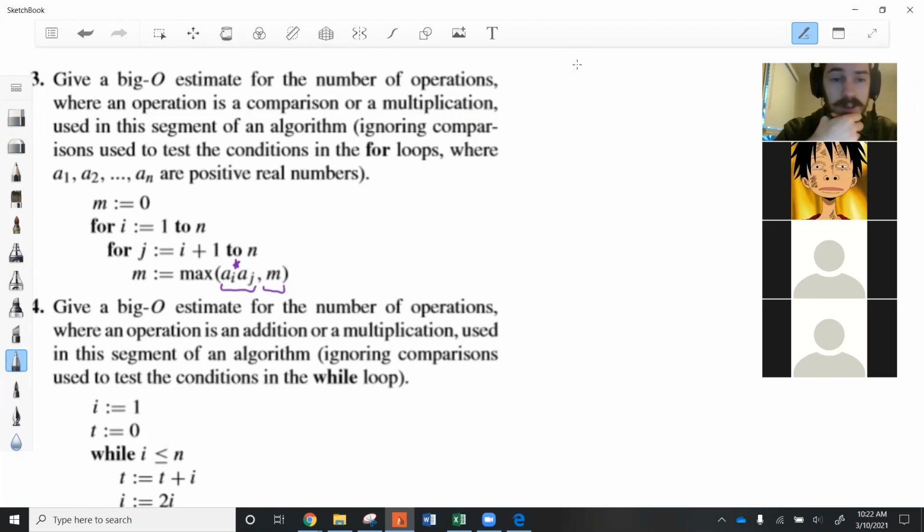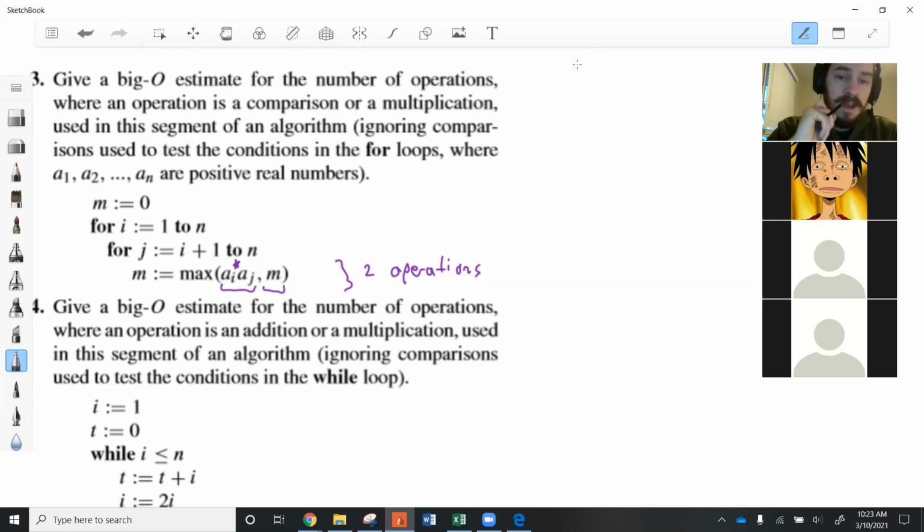Maximum. That's a comparison. So in this step, there are 2 operations: a multiplication and a comparison. That's all we're counting. We're not counting assignments, and we're not counting the additions used to increment the variables. We're not counting the comparisons for ending the loops.